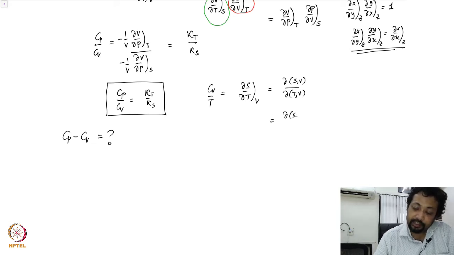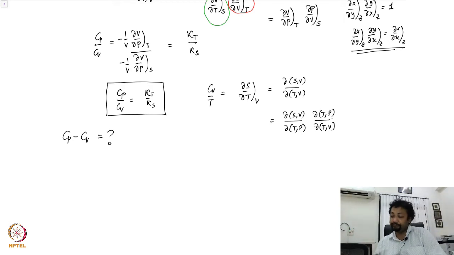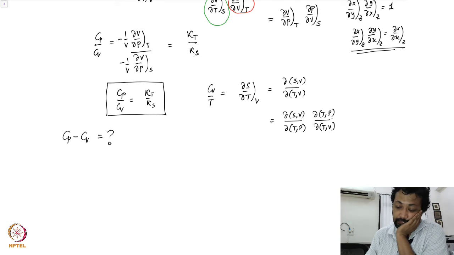I will rearrange this Jacobian to introduce ∂(T,P): ∂(S,V)/∂(T,P) times ∂(T,P)/∂(T,V). The second one I know what it is.